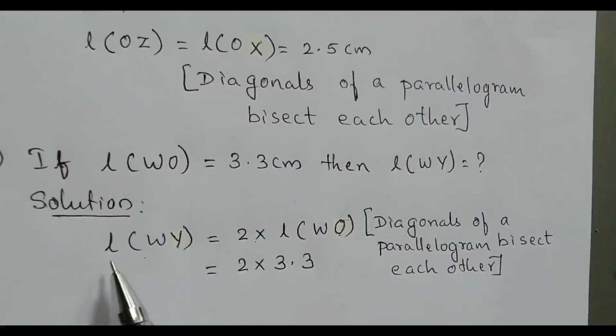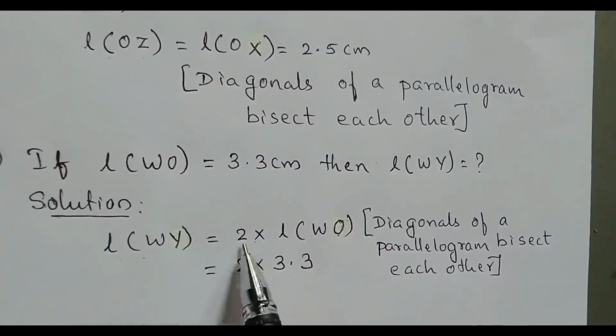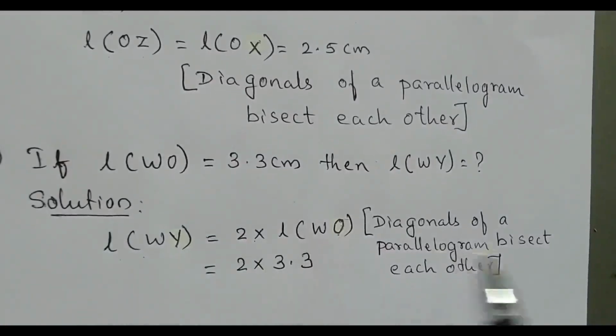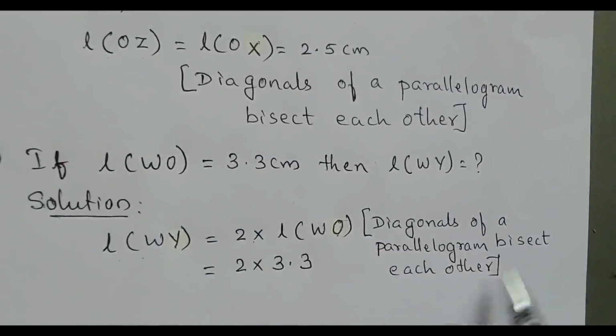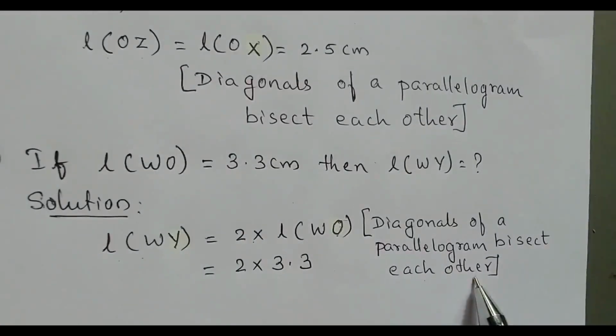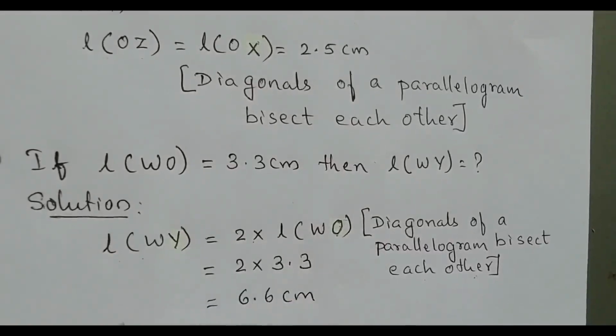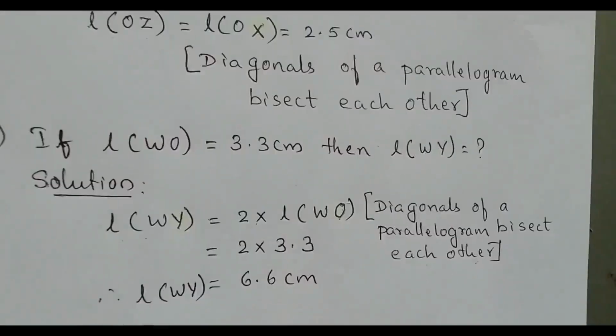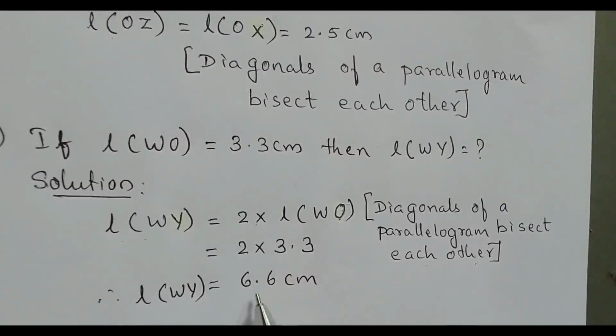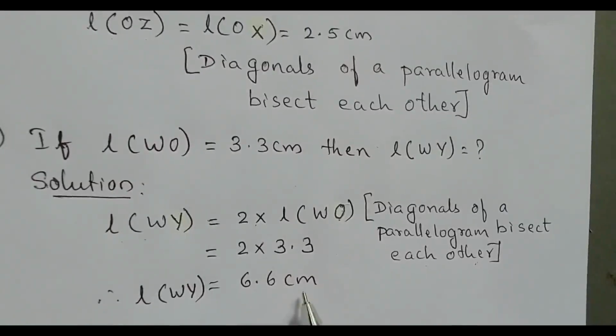So the solution is length WY is equal to 2 times the length WO because the diagonals of a parallelogram bisect each other. So that is 2 multiplied by 3.3, which is equal to 6.6 centimeters. Therefore, length WY is equal to 6.6 centimeters.